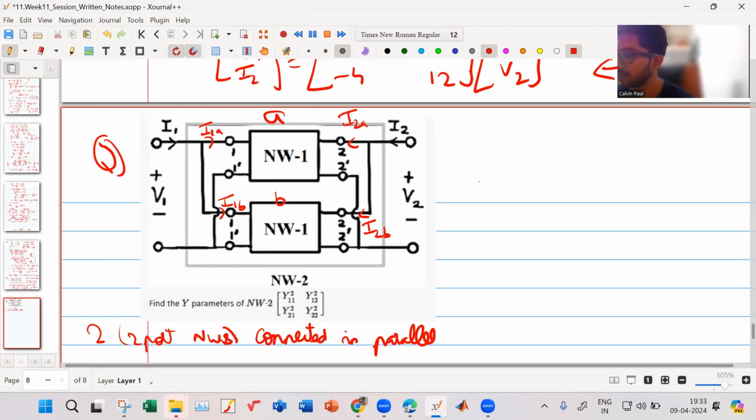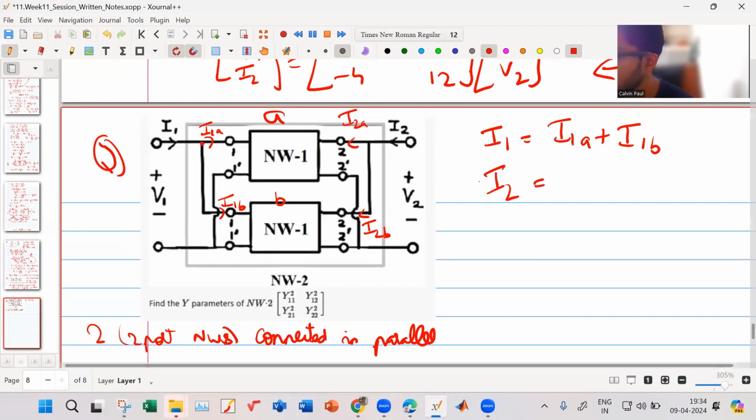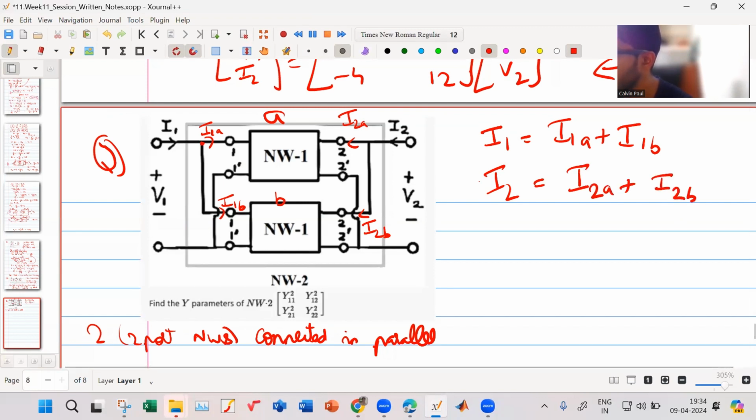Now, what is my I1? My I1 is equal to I1A plus I1B, if I apply KCL over here. What is my I2? It is I2A plus I2B.